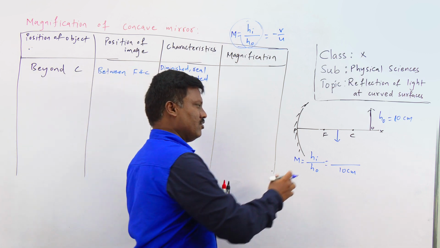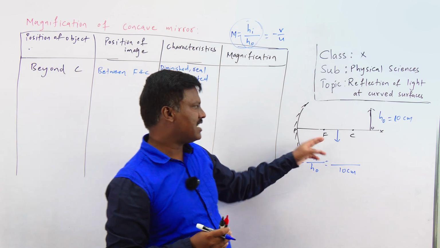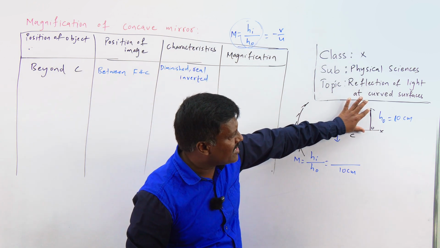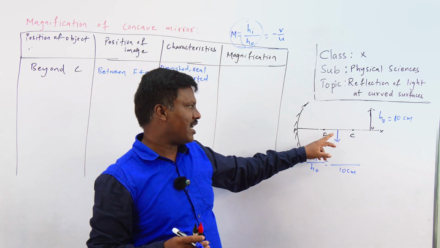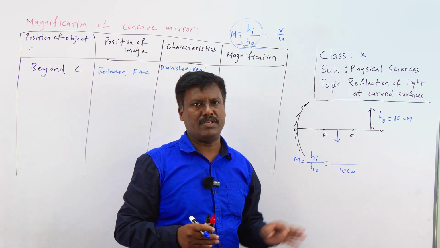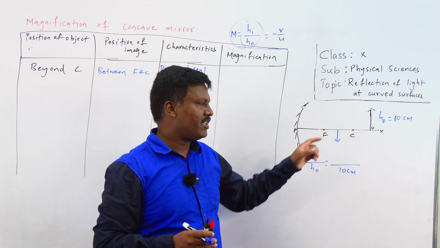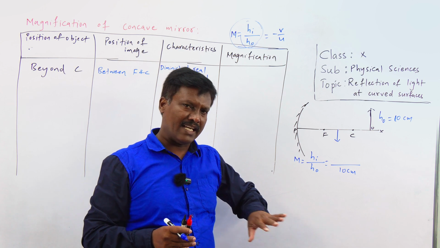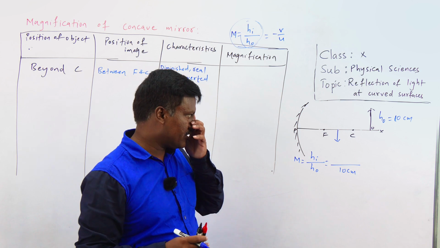Now, the height of the image. You see the diagram. The image is diminished, meaning the height of the image is smaller than the height of the object. The height of the object is 10 centimeters, so the height of the image should be less than 10 centimeters.